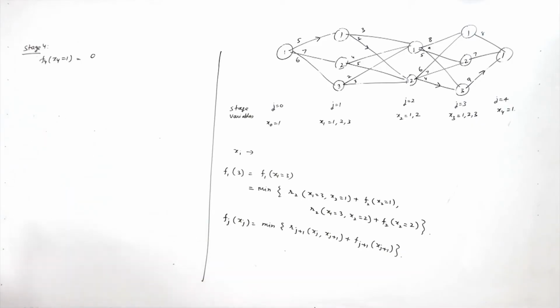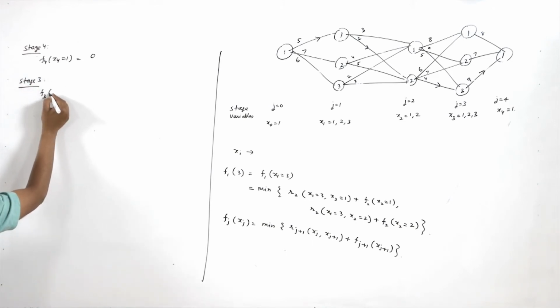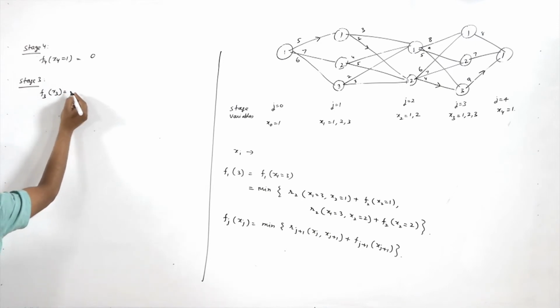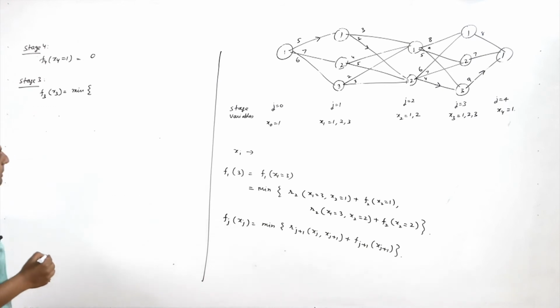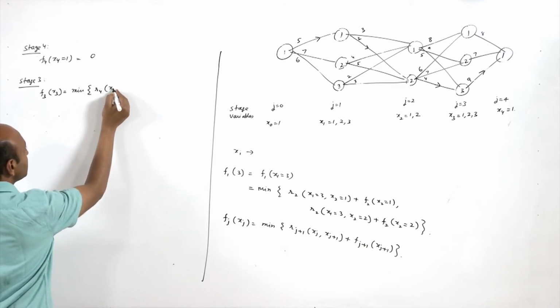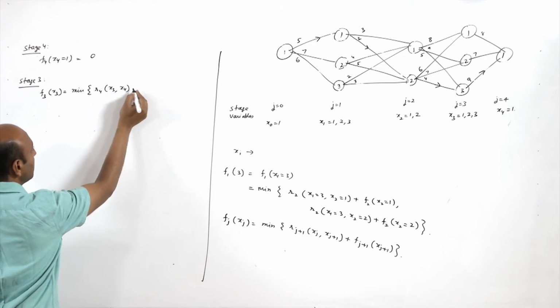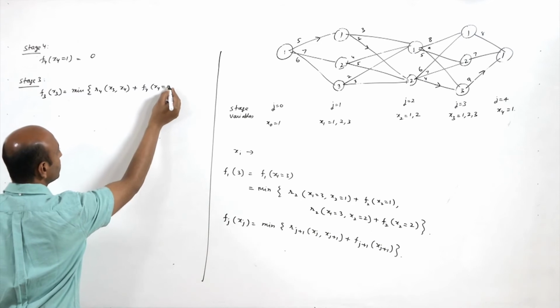Now, stage 3. Stage 3 means f3 x3, which will be the minimum of r4 x3 x4 plus f4 x4, with x4 equal to 1 of course.